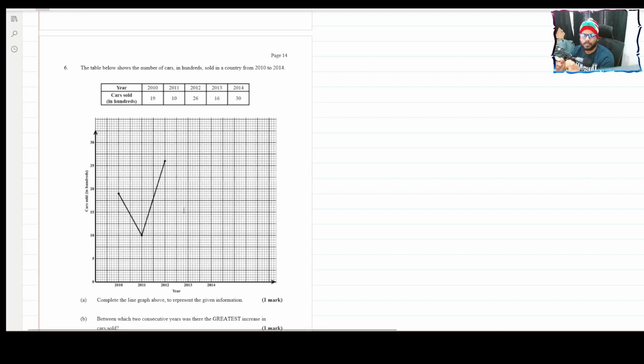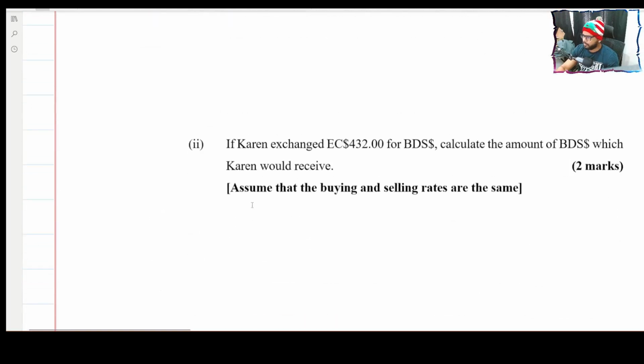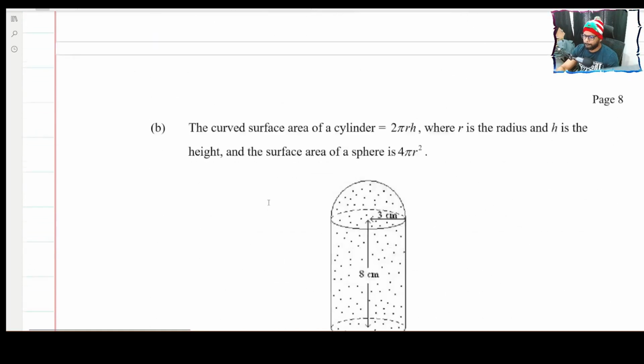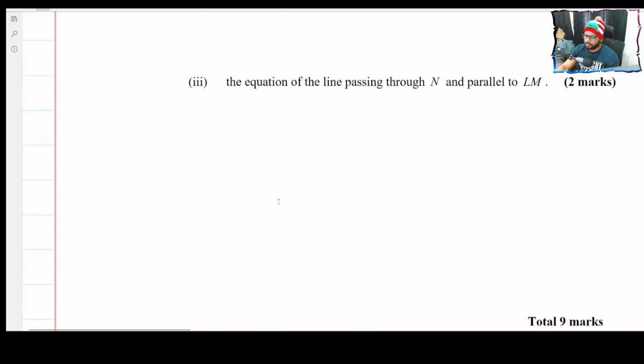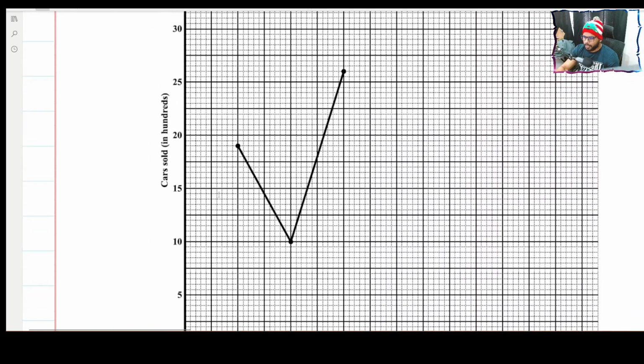You all will be able to pick this up and bring it closer to your face. In my case, I'll just zoom in, and it looks like 15, 16, 17, 18. Every 2 dashes or every 2 lines on my graph paper represents 1, or 100 cars.